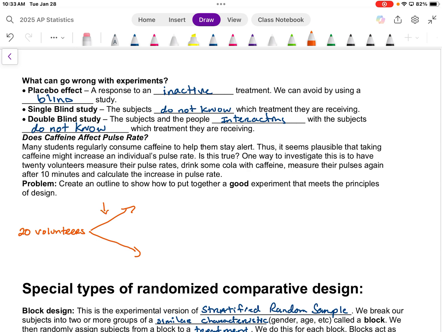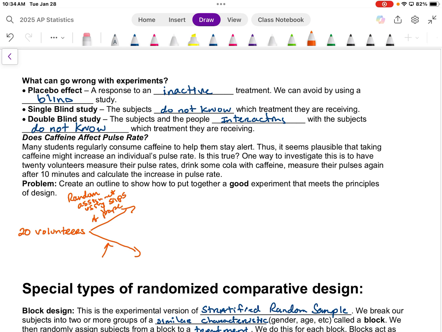As we look at splitting them up, in this stage right here, we have to talk about how we are getting our random assignment. Random assignment using slips of paper. So that's what's happening right here.